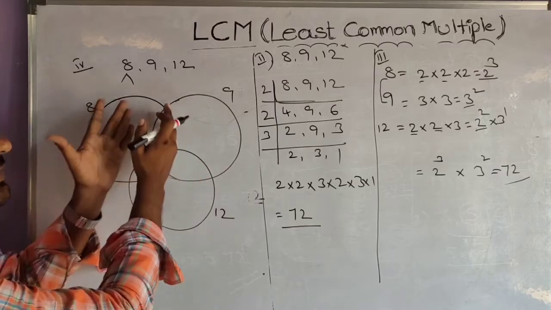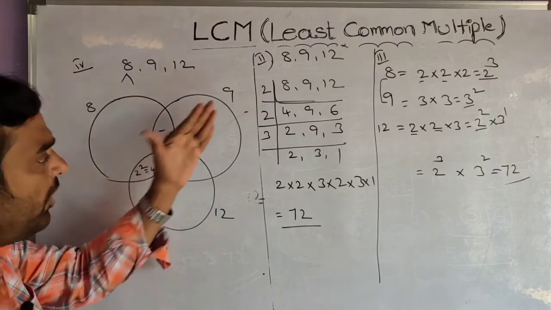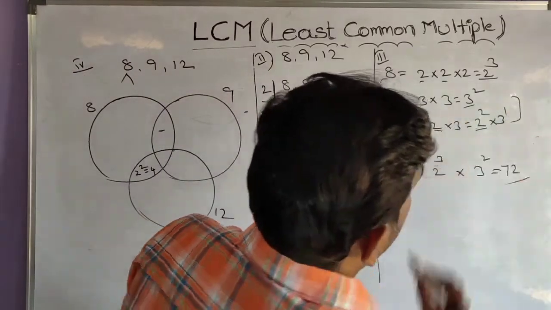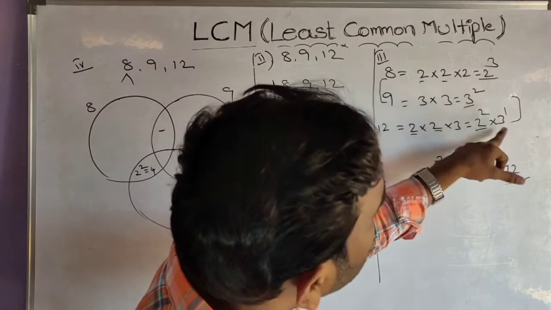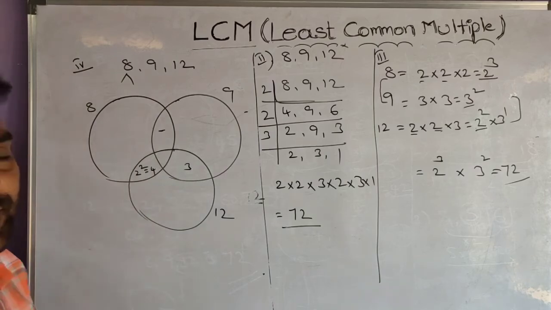For 8, 9, there is no common factors. Now coming to 9, 12. 3 square here, 1, 3. So 1, 3 is the common for 9, 12.